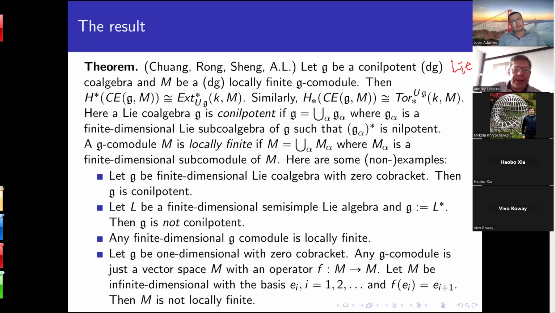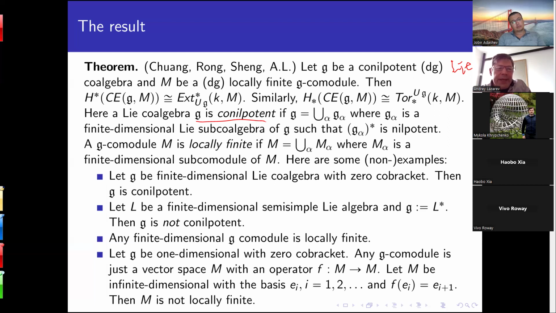Okay, in this formulation, I mentioned conilpotent Lie coalgebras and locally finite G-comodules without explaining what that means. Here's a definition. A Lie coalgebra G is conilpotent if it's a union of finite dimensional Lie subcoalgebras such that their duals are nilpotent Lie algebras.